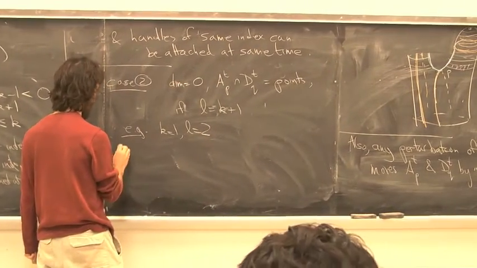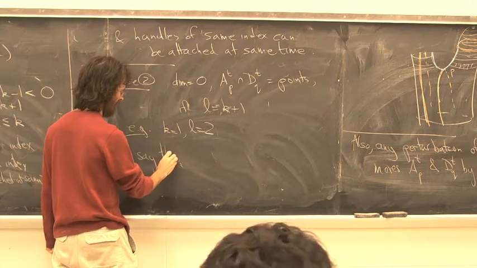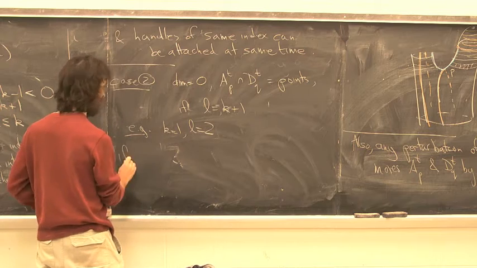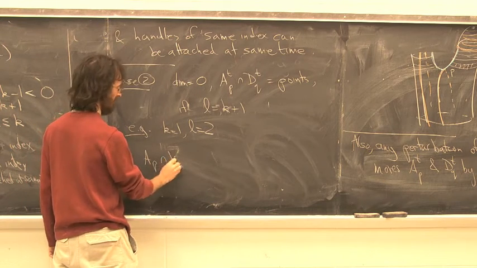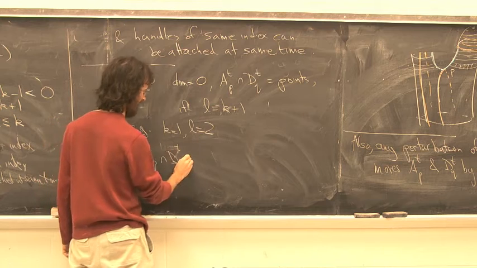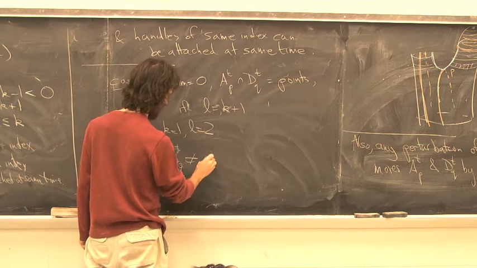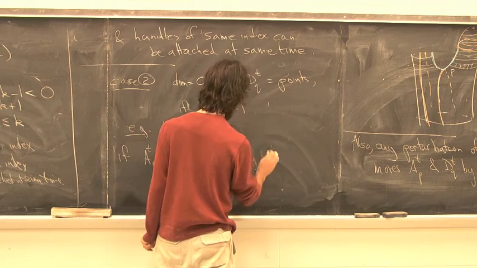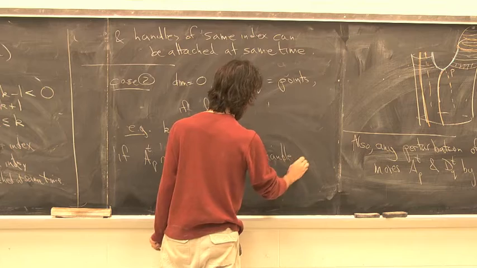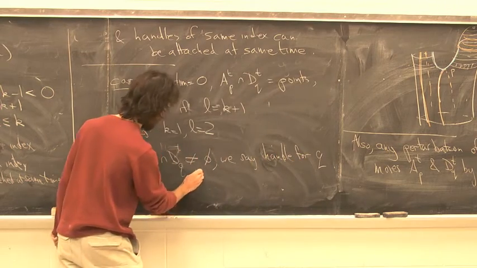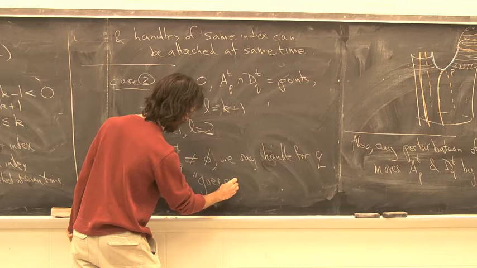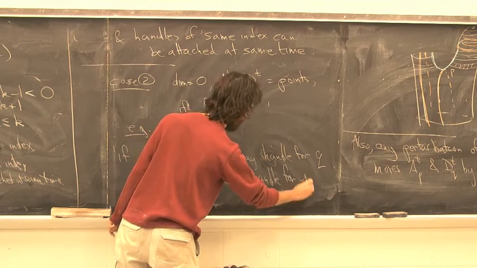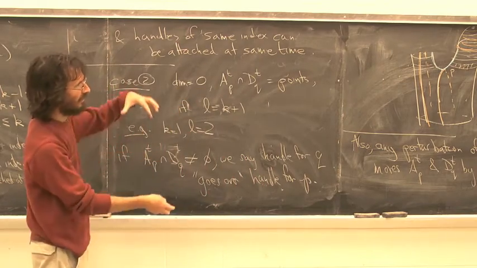So what we do is we say, anyway, in this case, if this intersection is not empty, we say that the Q handle, the handle for Q, goes over the handle for P. And so that's one example where it goes over.